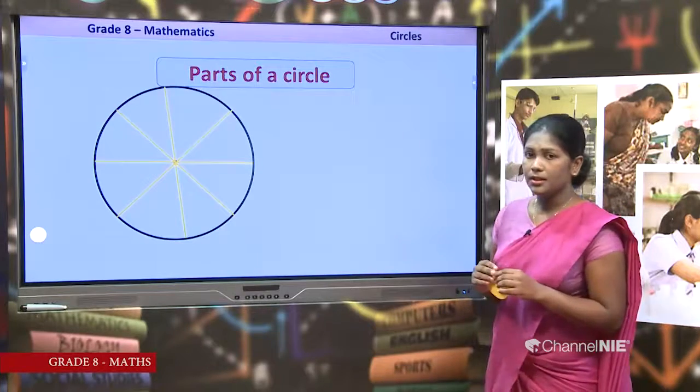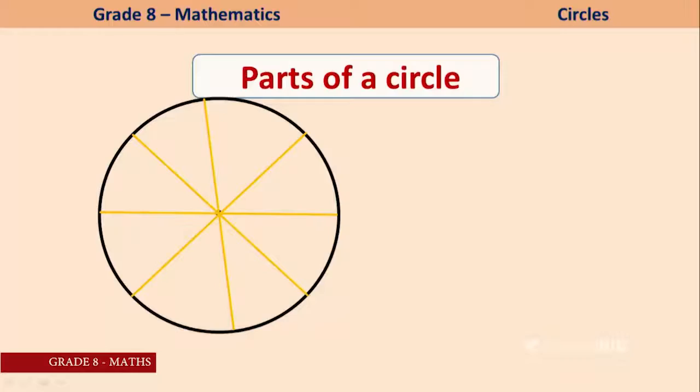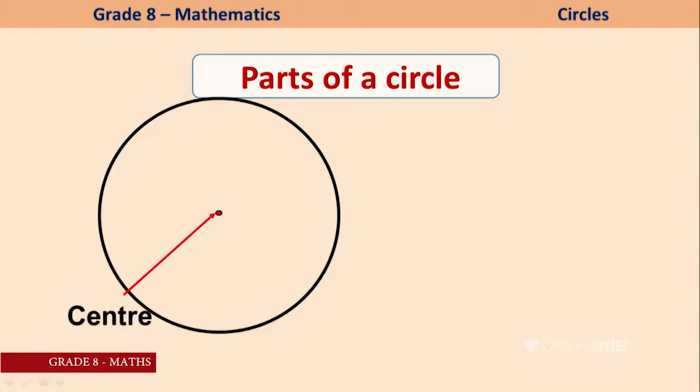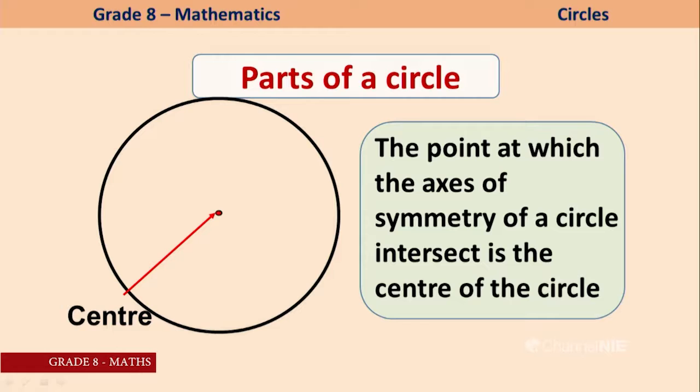There is a circle and there are so many symmetrical axes. They intersect each other. And that intersection point we can call center. So center means the point at which the axes of symmetry of a circle intersect is the center of the circle.